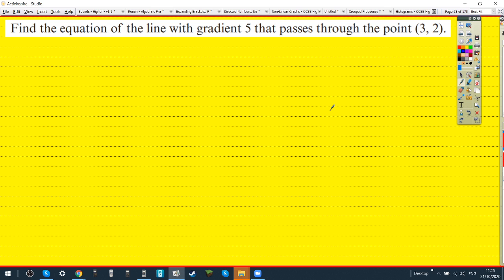Wait, so what type of equation is it looking for then? So, in general, what's the general form of the equation of a straight line? y equals mx plus c. And so far, we know the gradient is 5, so what can we fill in? So it'd be y equals 5x plus c. Okay, so we just need c. We know it goes through the point 3, 2.